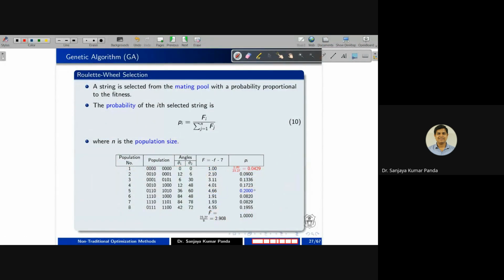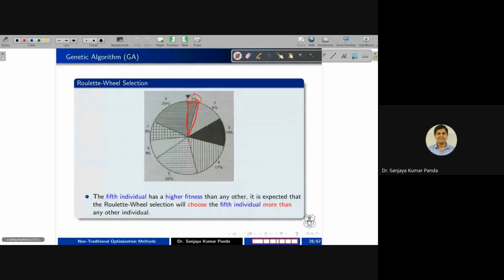I think these two, population number 5 and population number 8. Population number 5 is 20%, and population number 8 is 20%. So the fifth individual and the eighth individual both have more area in the wheel.